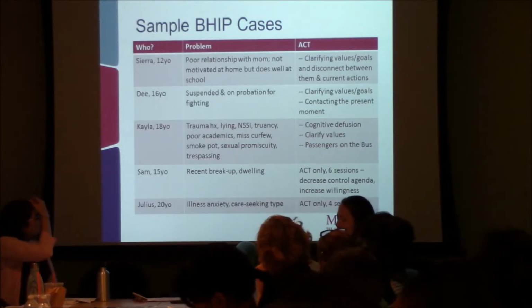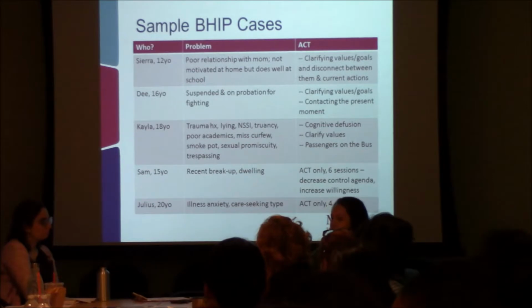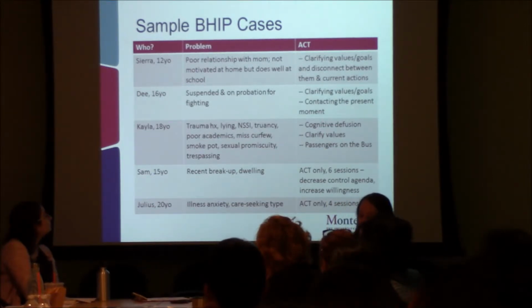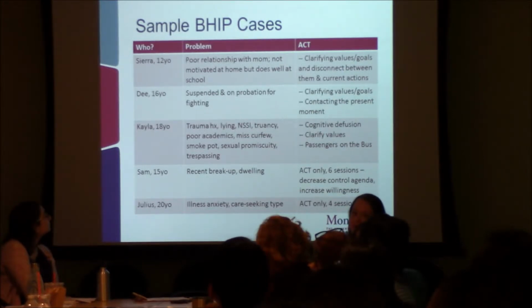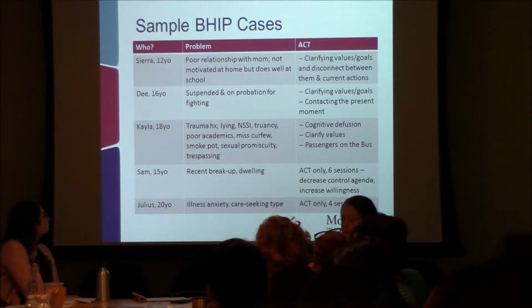So this table highlights some examples of when I've used ACT before. The top 3 were where I incorporated ACT into other treatment approaches, and the bottom 2 were mainly an ACT-focused approach. So names have been changed, but I just wanted to give you a flavor of when you might be able to use ACT. So Sierra was a 12-year-old with a really bad relationship with her mom.